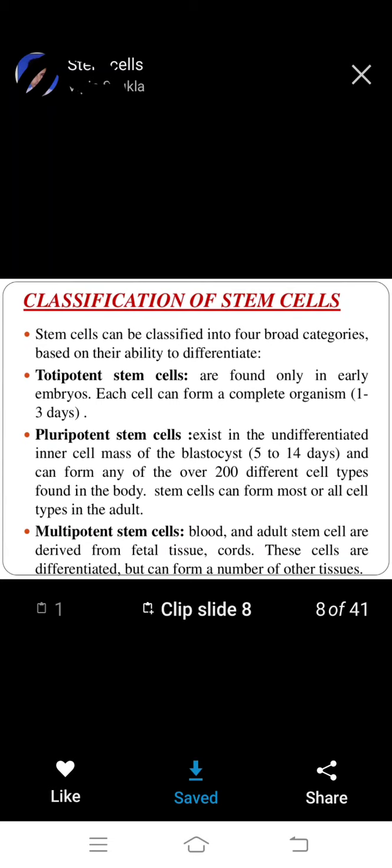Totipotent cells are found only in early embryos, in the first one to three days, and can form a complete organism.